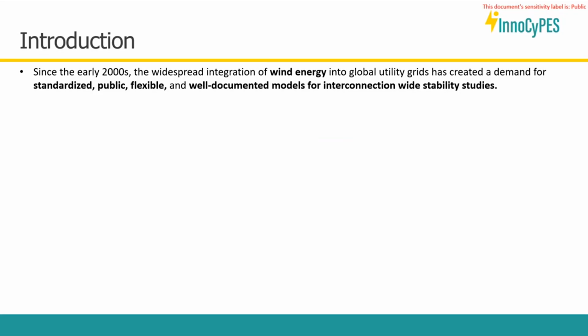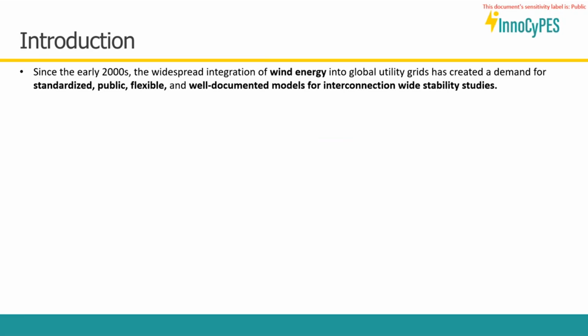So since the early 2000s, the widespread integration of wind energy into global utility grids has created a demand for, we have this keyword, right? Standardized, public, flexible, and well-documented models for interconnection-wide stability studies.